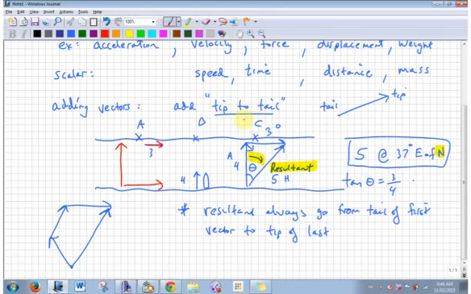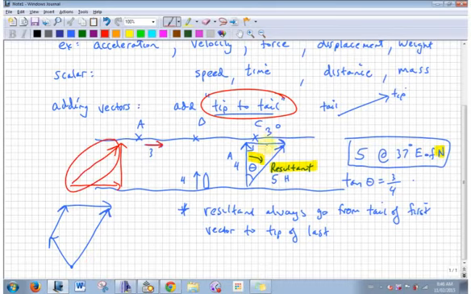Those vectors are not added tip to tail. They're added tail to tail. So you're going to get a wrong answer here, but you can add them tip to tail like that. And then the resultant goes from this one to that one. Does that look the same as this?